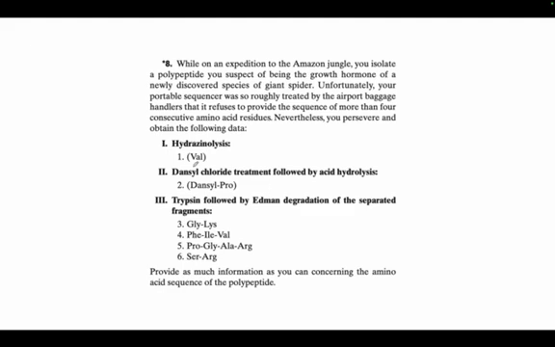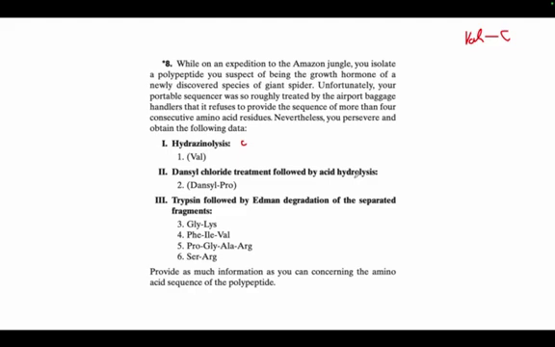So first, they performed a reaction called hydrazinolysis. This will give us the C-terminal sequence. So what we know is that the C-terminus of this protein has valine. Then dansyl chloride treatment followed by acid hydrolysis.